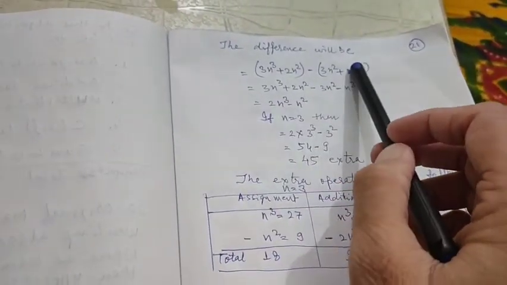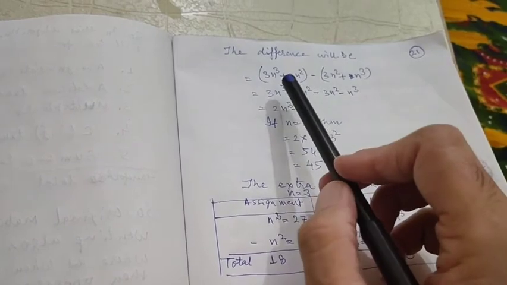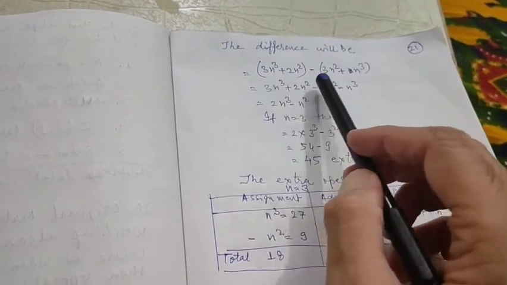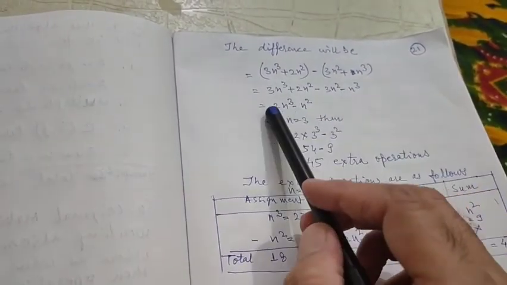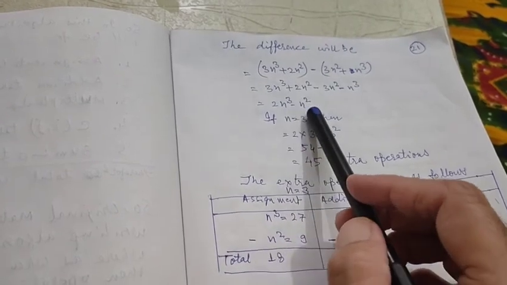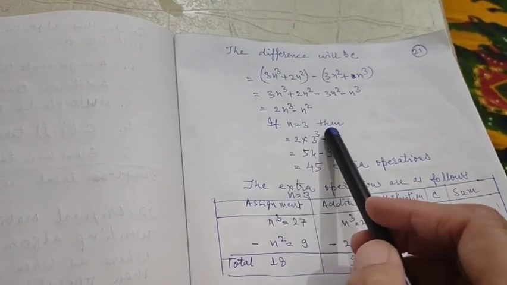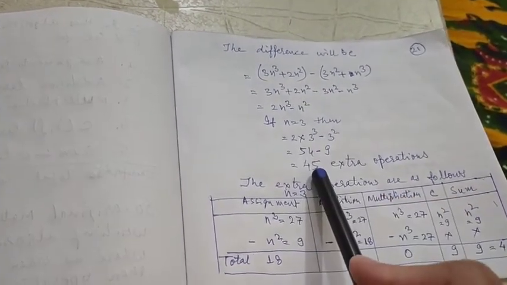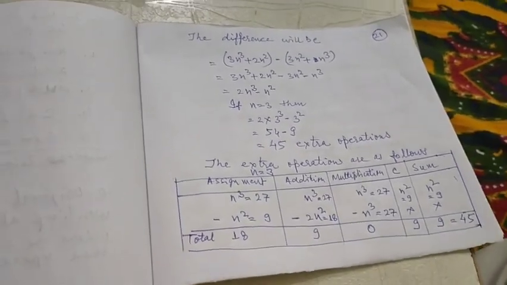The difference will be calculated like this: you will get 2n cube minus n square. If n is equal to 3, there are 45 extra operations.